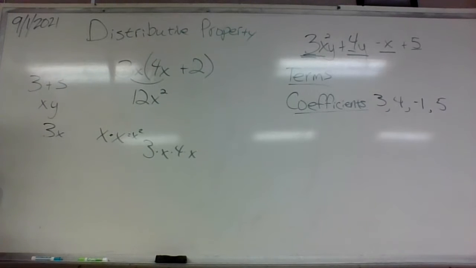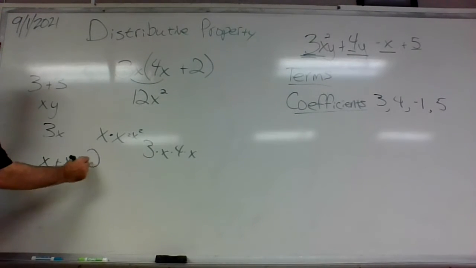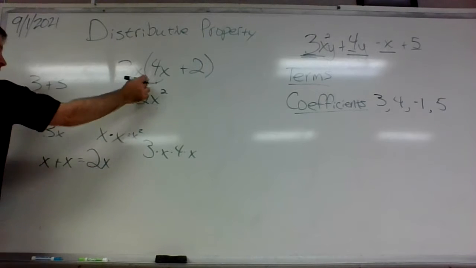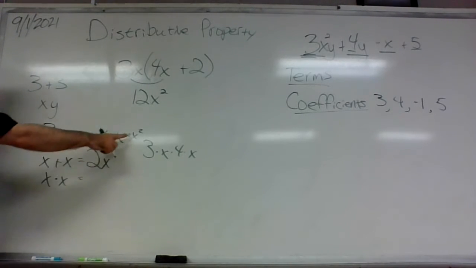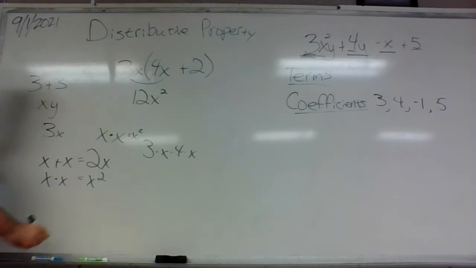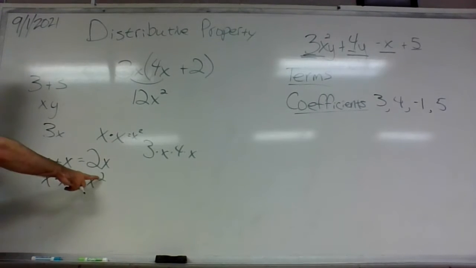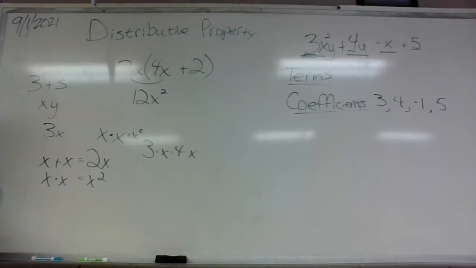Earlier the first thing we did was x plus x. Do you remember what we said that was? 2x. And what I just did was x times x, which I called x squared. Sometimes kids get these two confused. Just remember, what does an exponent mean? It means that number times itself.